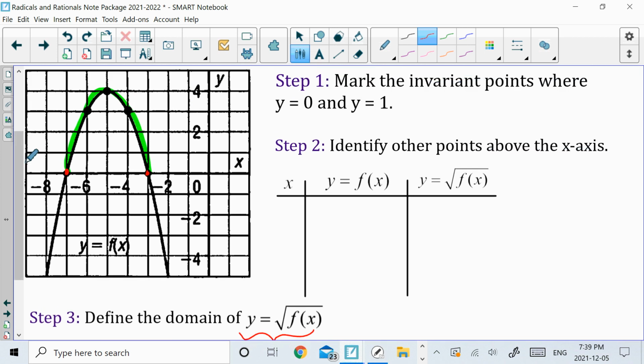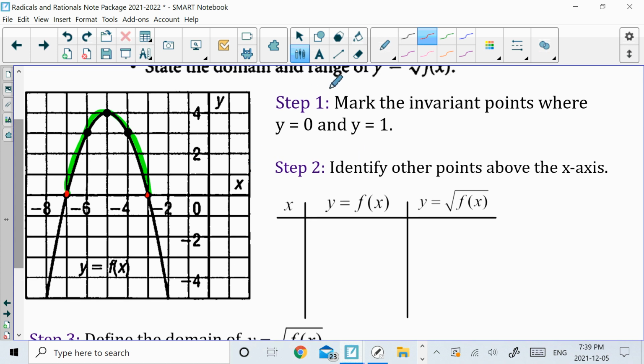Okay, from here, let's sketch the graph of the radical function. Always start by marking your invariant points. Remember, on radical graphs, invariant points are where y is 0. I've got those points already here. And then where y is equal to 1, that would be here, and that would be here. Now I need other points on my original graph.